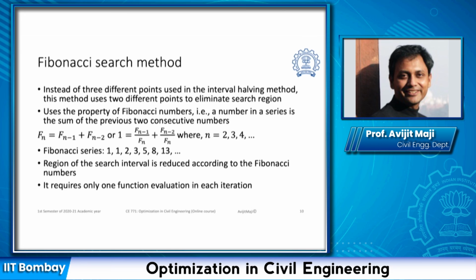And if we can retain one of the 2 points in the next iteration, then we need to evaluate just 1 additional point in each following iteration, and in that way we can reduce the number of function evaluations needed in the overall process. So the Fibonacci search method relies on that principle and uses the Fibonacci numbers to do that.